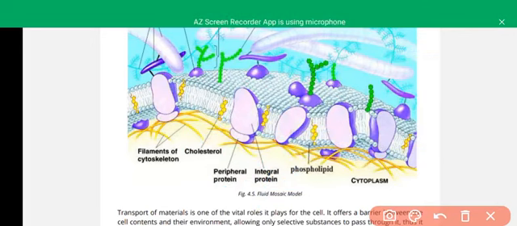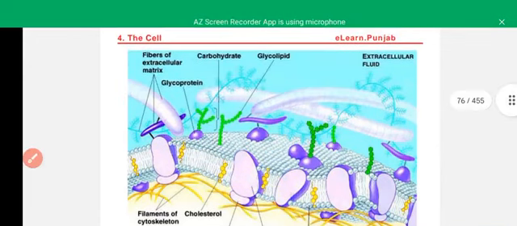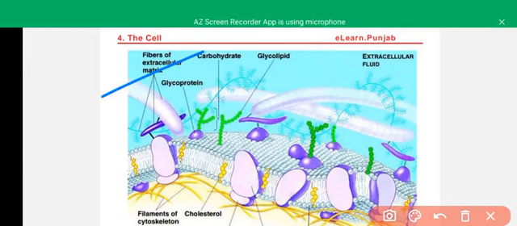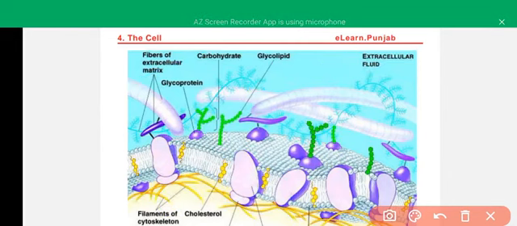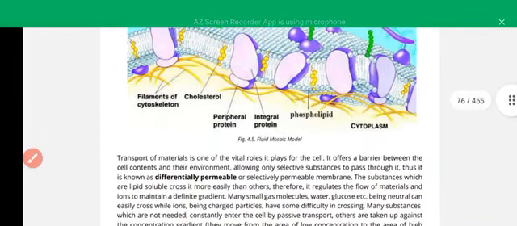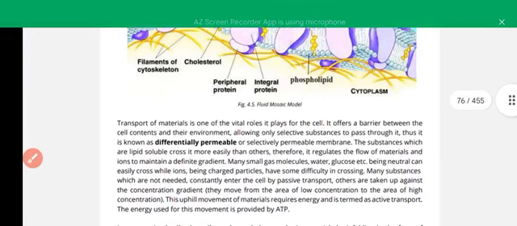Then there is the cytoplasm, and on the upper side we see the fibers of the extracellular matrix attached. Here are the glycoproteins and glycolipids attached to the cell membrane. Here is the extracellular fluid and here is the cytoplasm. So we studied the structure of the plasma membrane.